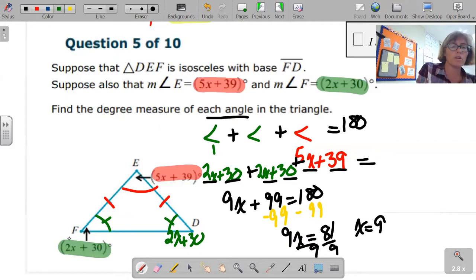So we come down here. 2 times 9 is 18 plus 30. That's 48, which makes this 48. And then 5 times 9 is 45 plus 39.